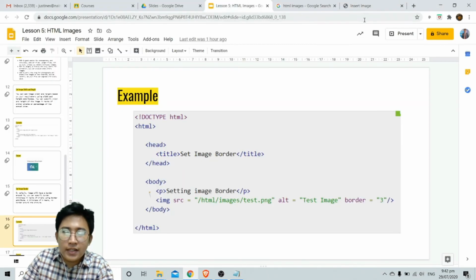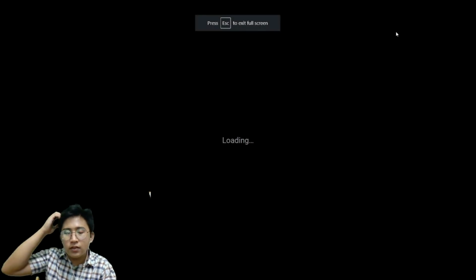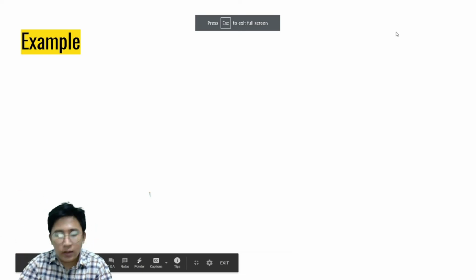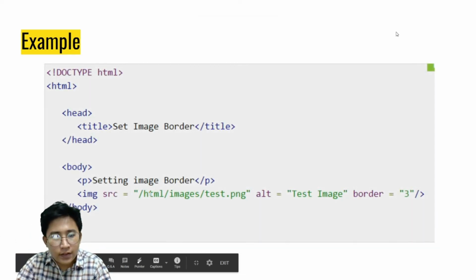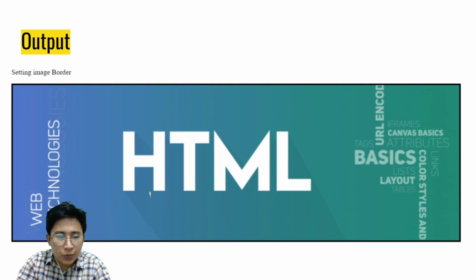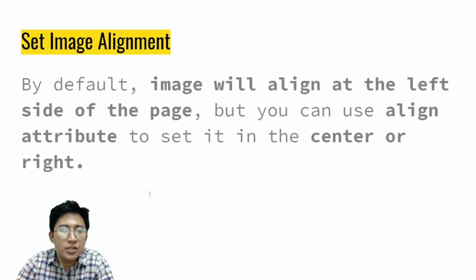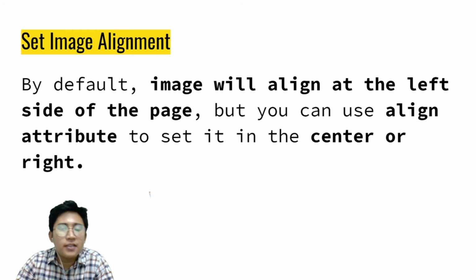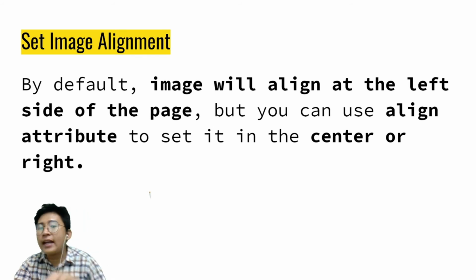So now class, let's continue. That is how to set the border. So the example, and the output is this one. There will be a border on our image just like this one. We can also set the alignment of our image. By default, the image will align at the left.